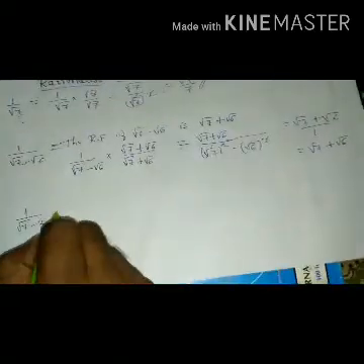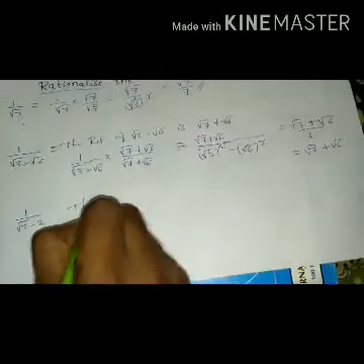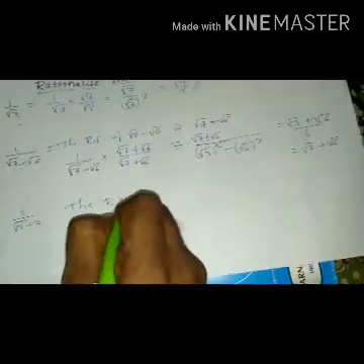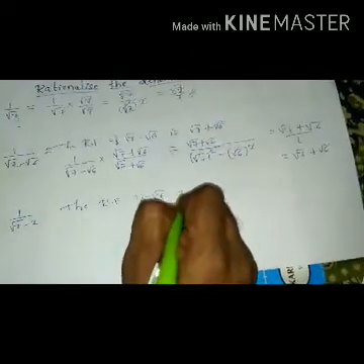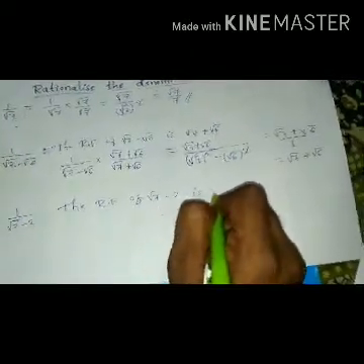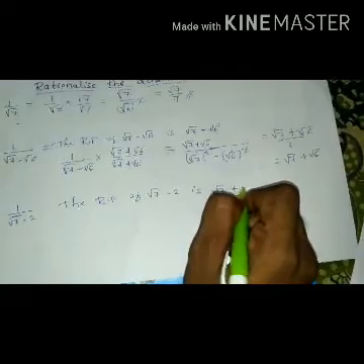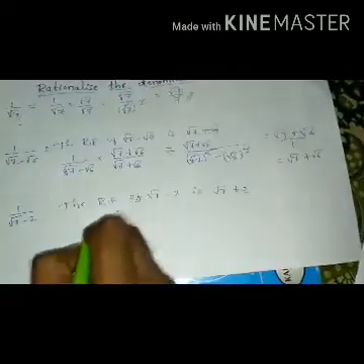So in the third example, the rationalizing factor or RF of the denominator, that is root 7 minus 2, is root 7 plus 2. Just the opposite sign. Change the sign. See here, 1 by root 7 minus 2 into its rationalizing factor, root 7 plus 2 divided by root 7 plus 2, which is equal to numerator into numerator.